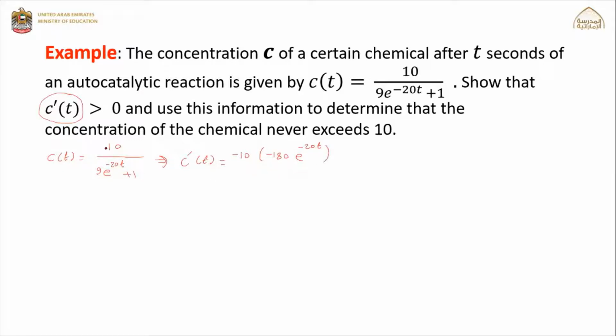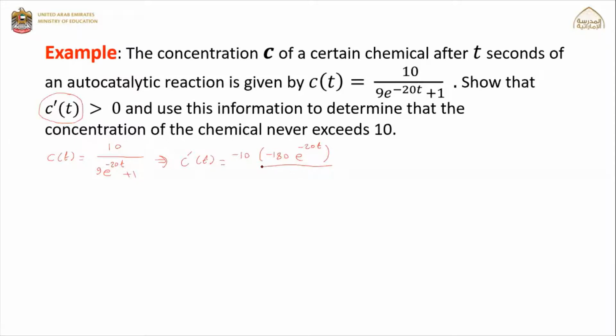So again, negative the constant in the numerator times the derivative of the denominator, which is 9 times the derivative of minus 20t, which is minus 20. So minus 20 times 9 is minus 180, and the exponential function e to the power minus 20t will stay. The derivative of plus 1 is 0.